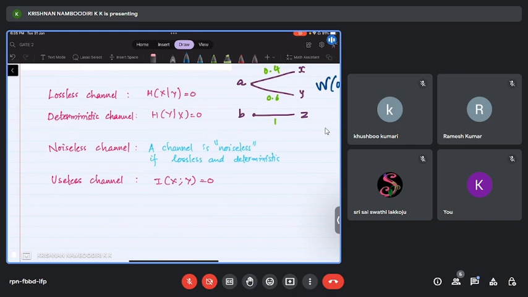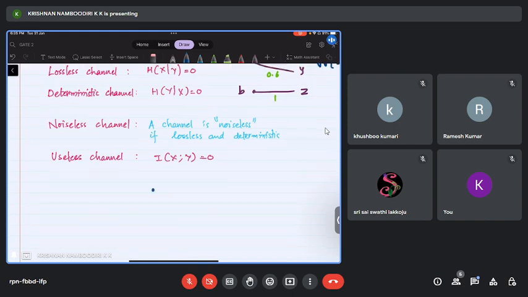For example, the input can be either A, B, or C. The output can be either X or Y. So here 1, 1, 1 probabilities. Because if I transmit A, then the output will be X with probability 1. That is the deterministic part. So if the channel is deterministic, all these transition probabilities will be 1.